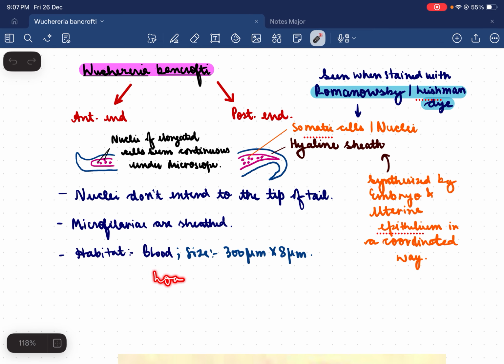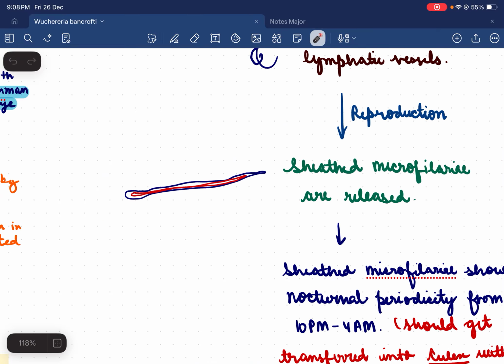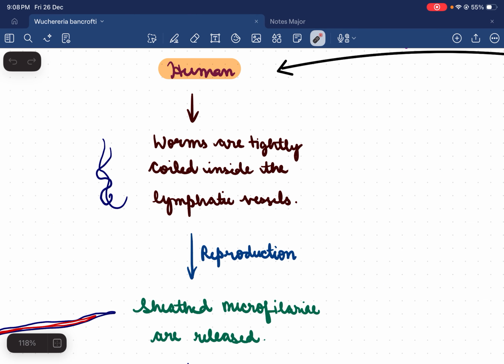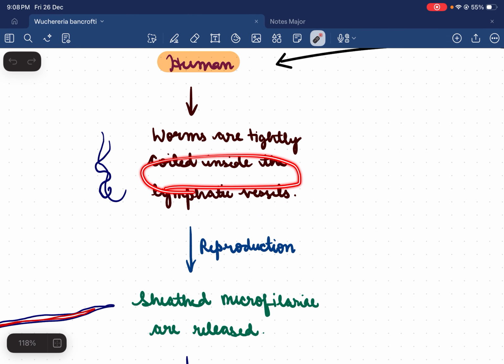For example, Loa loa, we have Wuchereria bancrofti, we also have Mansonella perstans, etc. These microfilaria live inside the blood, whereas the adult worms are present in the lymphatic vessels.